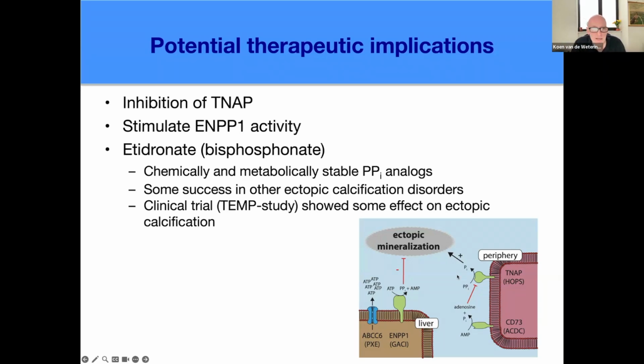It's a drug that can be given to people that suffer from ectopic calcification. And in Utrecht, they have shown that if you give etidronate, that slows down the disease from progressing. So there's some success in using etidronate to treat PXE.